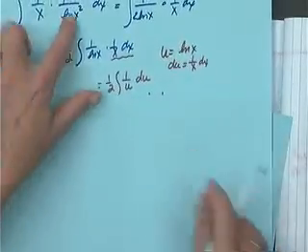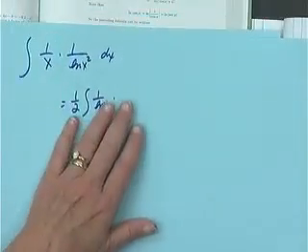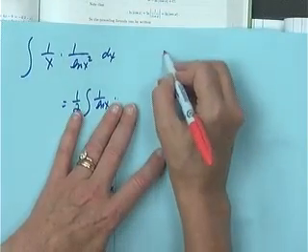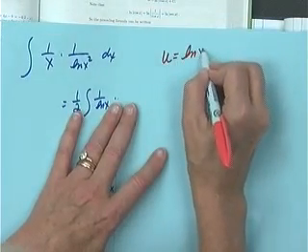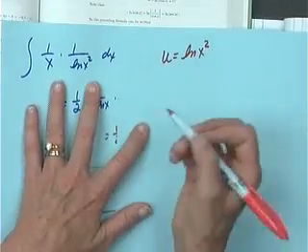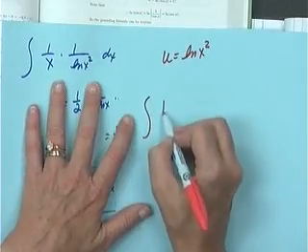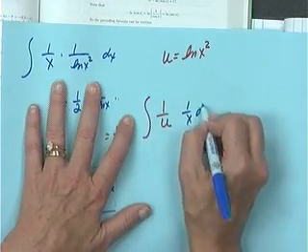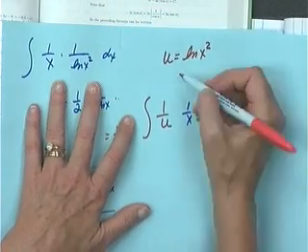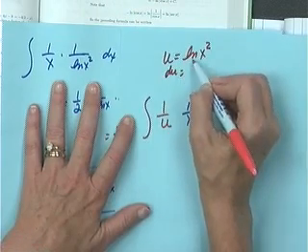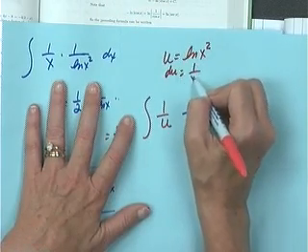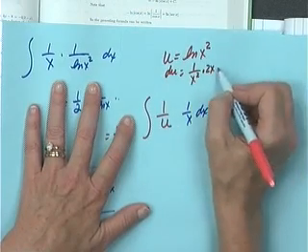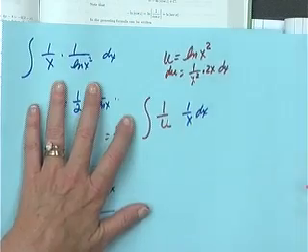You went from here, and you said let u equal the natural log of x squared. Okay, so you would have the integral of 1 over u, and I still have a 1 over x dx to worry about. All right, so du, the derivative of log of x squared is 1 over x squared times 2x dx.